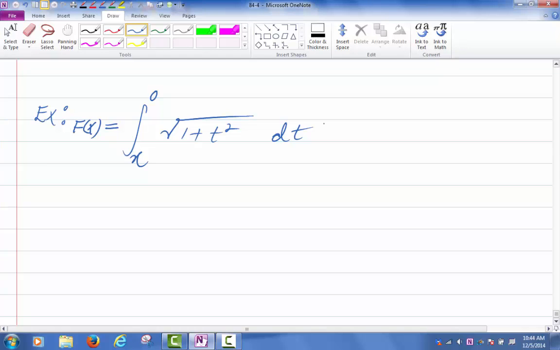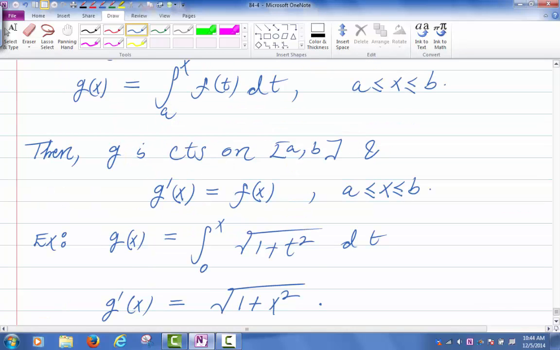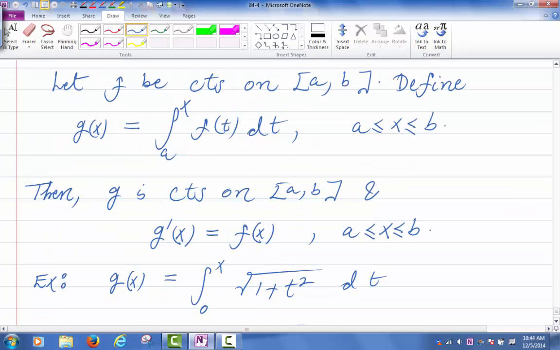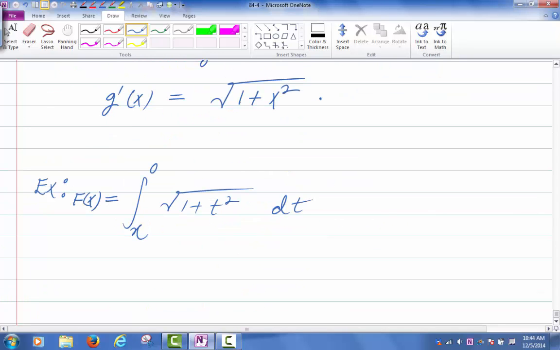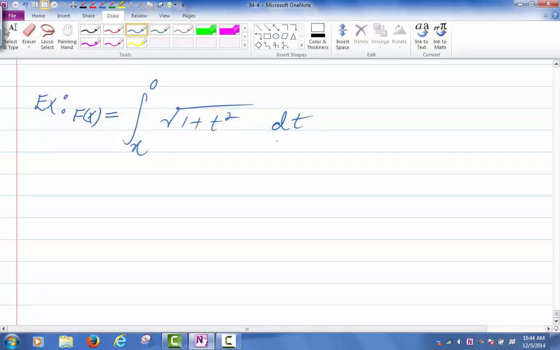Can I apply FTC1 to this integral directly? Remember when we looked at FTC1, the upper limit has to be x. The lower limit has to be fixed, a constant. Lower limit fixed, upper limit x. Only then can you apply FTC1. So before I apply FTC1 in this example, what should I do? I am going to rewrite this by changing the limits like this.